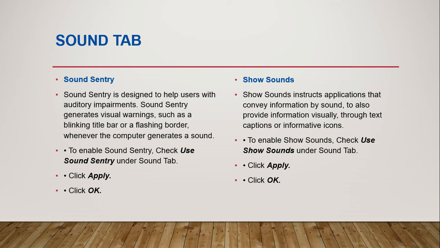When repeated information is typed or some errors occur, it shows visual warnings. Visual warning means blinking or flashing. Those are the two things, blinking or flashing. It shows those visual warnings.